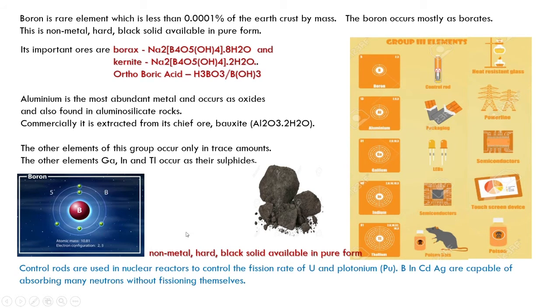In smaller elements the nuclear attraction is much more: the nucleus is positively charged and the electrons are negatively charged, so the force on the outermost electron is greater. When the size increases, the attraction on the outermost electron is reduced, so ionization energy decreases down the group, and electronegativity also decreases down the group, understood?